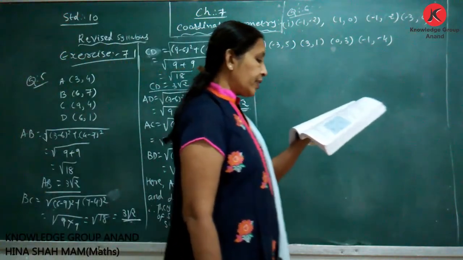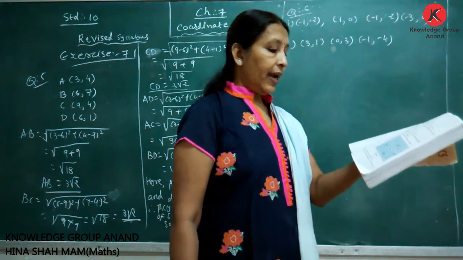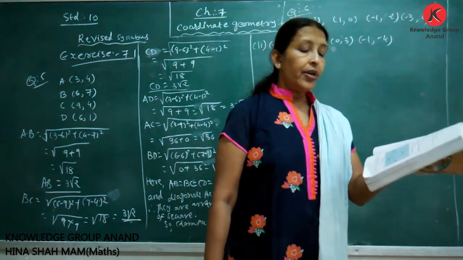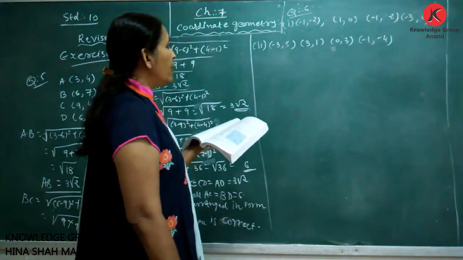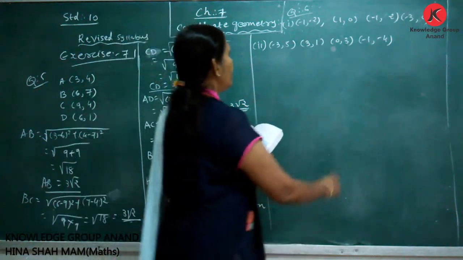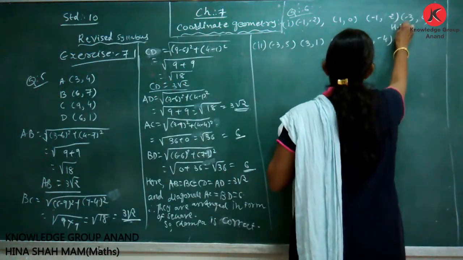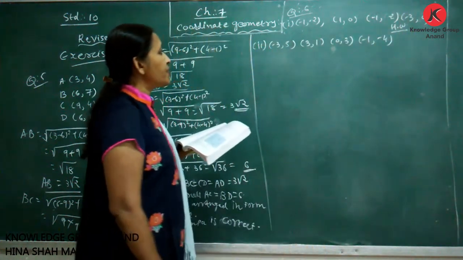Name the type of quadrilateral formed, if any, by the following points, and give reasons for your answer. Here there are parts 1, 2 and 3. I take 2 and 3. Part 1 you do in your homework. It is the vertices of a square.